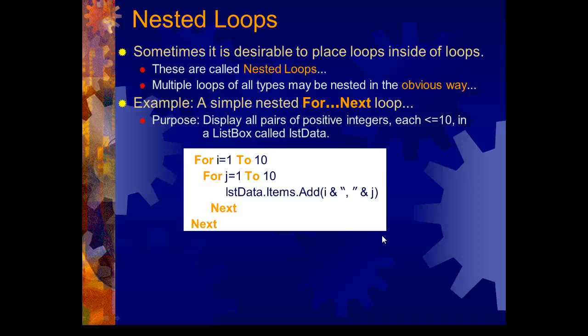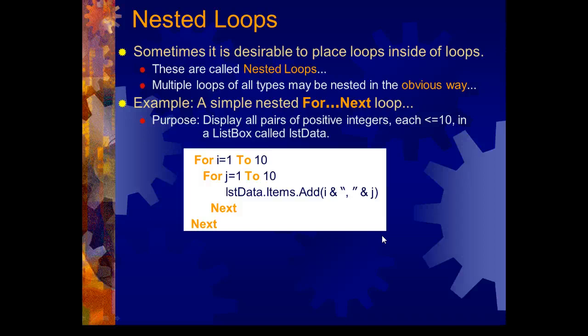Watch this. i, and then a comma. Oh, I need the ampersand, right? Ampersand, and just put a comma here. Okay, that's just a comma. And then ampersand and j.